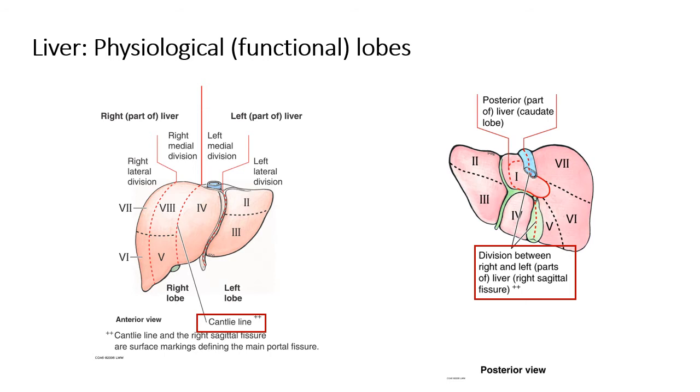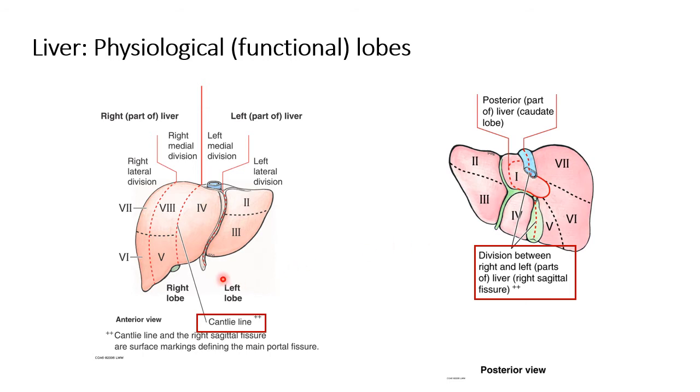In the previous slide, I talked about anatomical lobes, but we also have physiological or functional lobes. The physiological and functional lobes are divided according to the branching of the portal triad, including the portal vein, the hepatic artery, and the division of the biliary system.